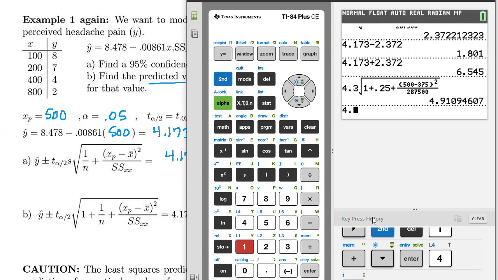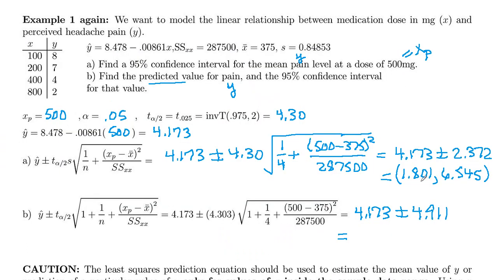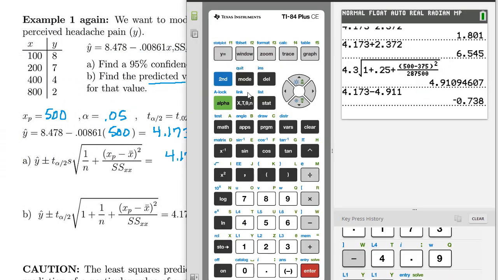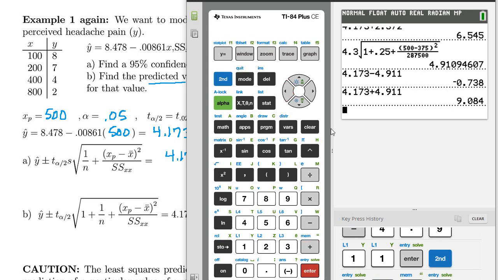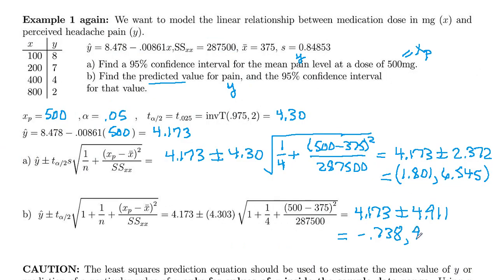So 4.173 minus 4.911, negative 0.738. And then we add it instead of subtracting. 9.084.